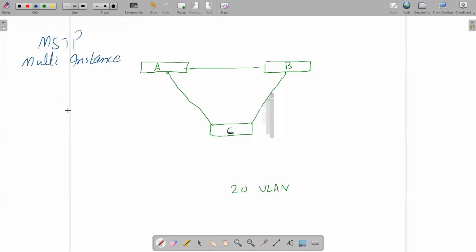For example, my requirement is that the first 10 VLANs, from 1 to 10, use this link, and this switch should act as the primary root bridge for the first 10 VLANs.